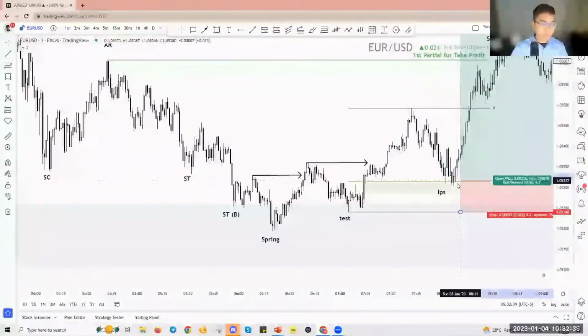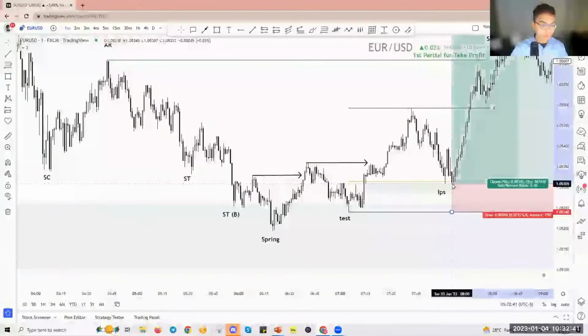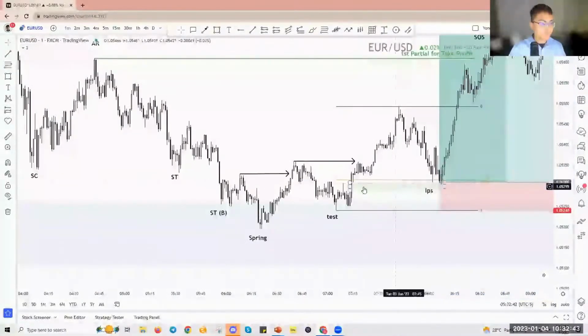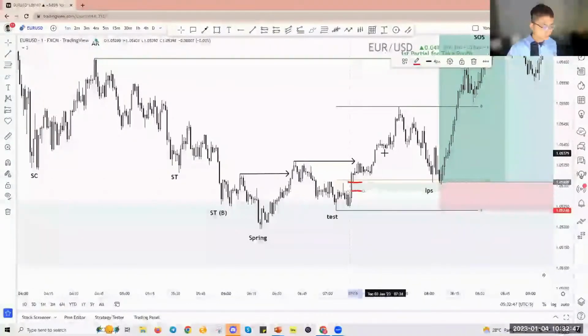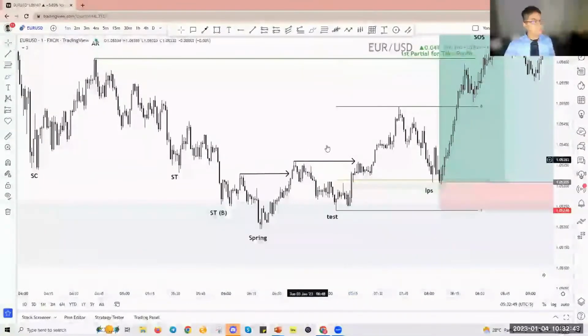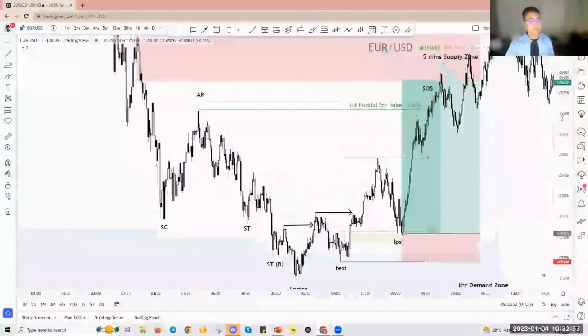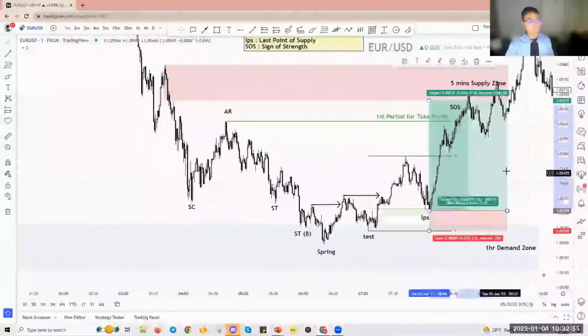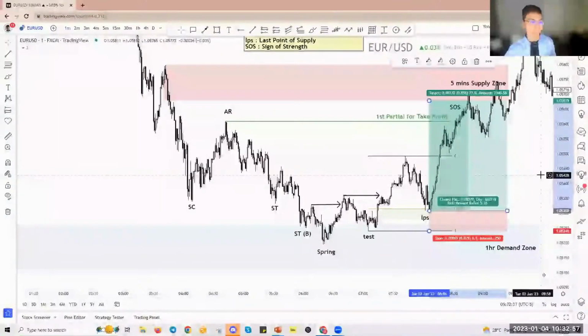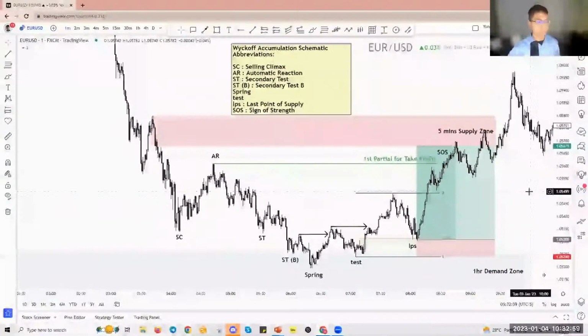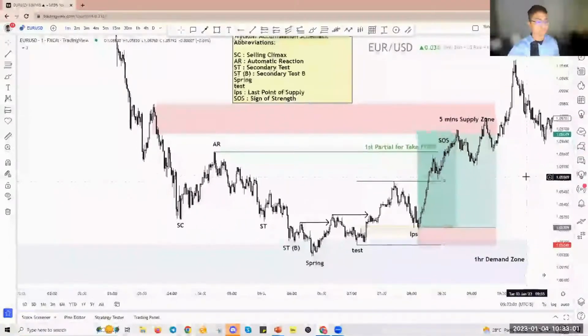You notice that price tapped very nicely into that fair value gap, that market imbalance right there on the 1 minute chart. And that's how I can improve my risk to reward. So it becomes a 1 to 5.36 risk to reward. So yeah, that's how you can improve on it.